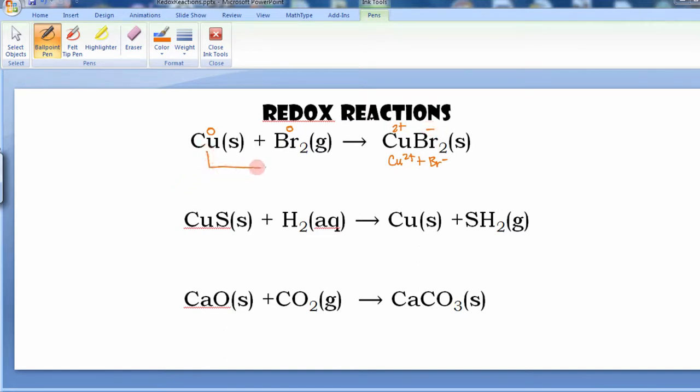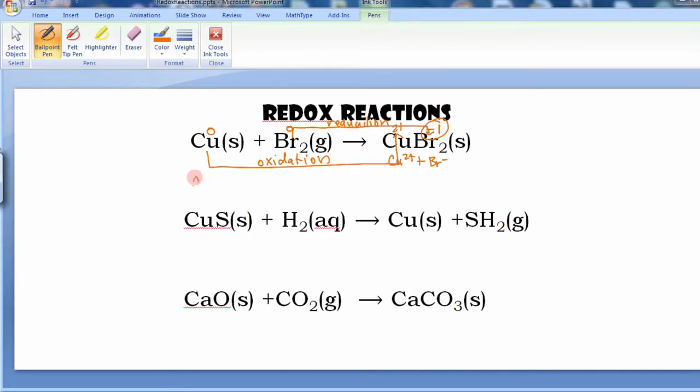Copper goes from a 0 to a +2. Copper is being oxidized, so it undergoes oxidation. Bromine goes from a 0 to a -1. So the oxidation number of bromine does what?